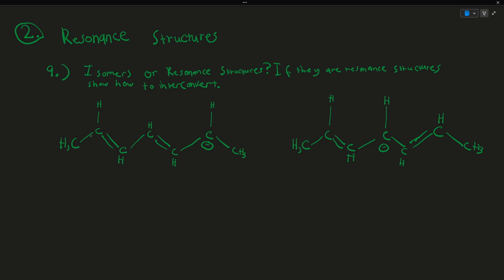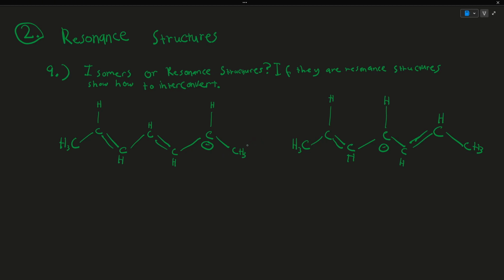If you count them all up, you have 1, 2, 3, 4, 5, 6 carbons on this one, and 6 carbons here as well. And the hydrogens, just by looking at it, you can tell it has the same number of hydrogens, so the chemical formula is the same. I don't see any hydrogens that are in different places from one compound to the other, and so that tells us they're not isomers.